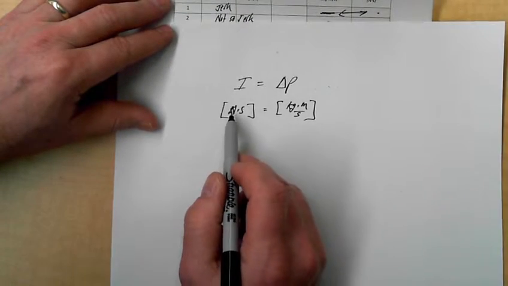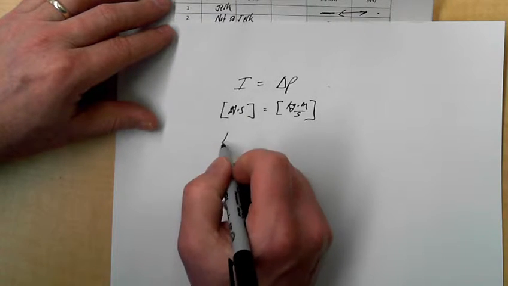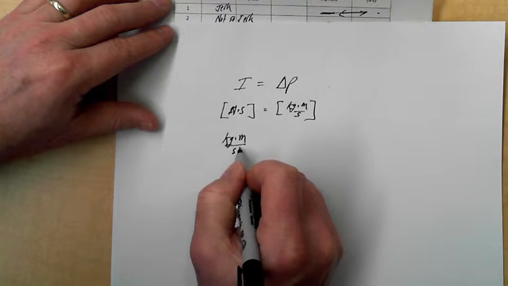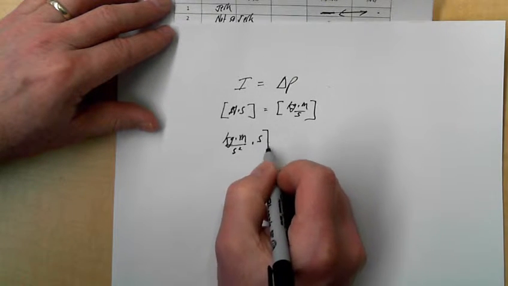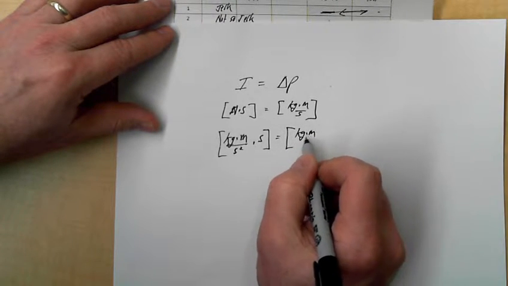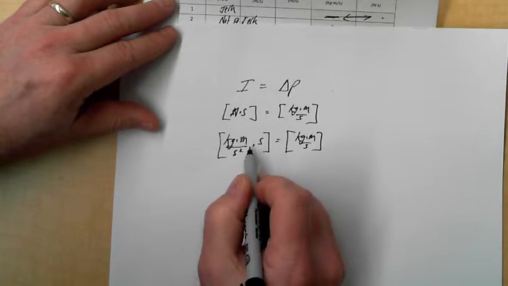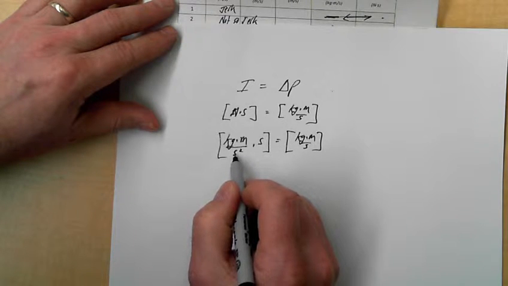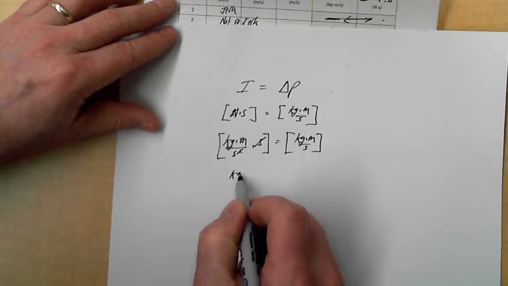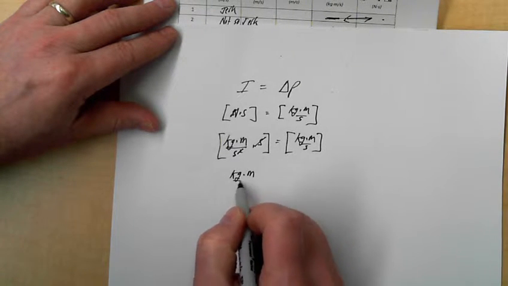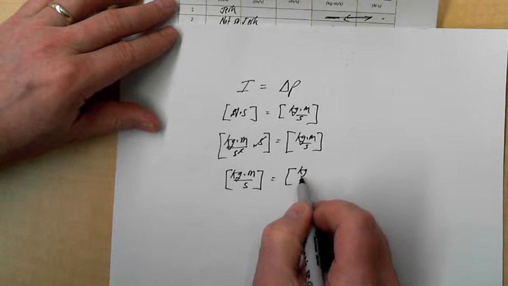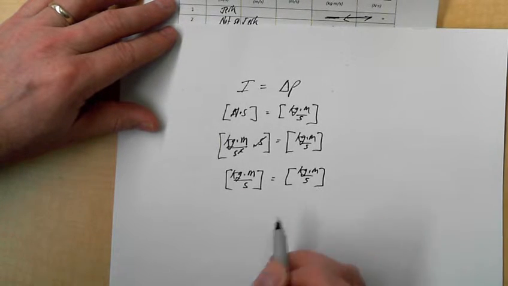But let's remind ourselves of what is hiding in this Newton. It is a kilogram accelerating at a meter per second squared, times a second. I think you're already seeing it now. Kilogram meter per second. And that is true. The second on top and the second squared on the bottom partially cancel, and we're left with kilogram meter per second, which does in fact equal a kilogram meter per second.